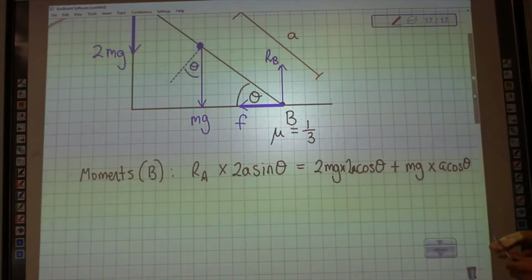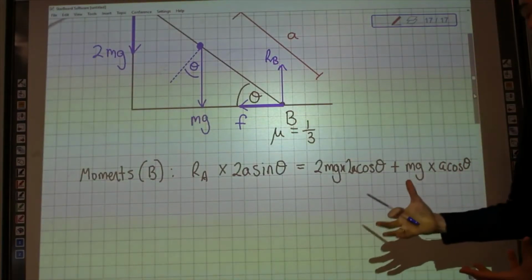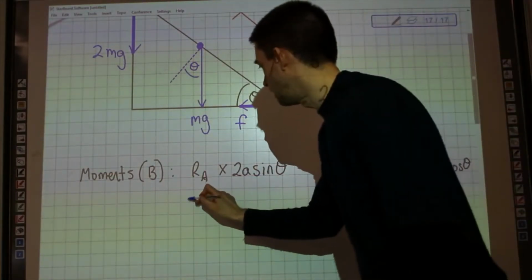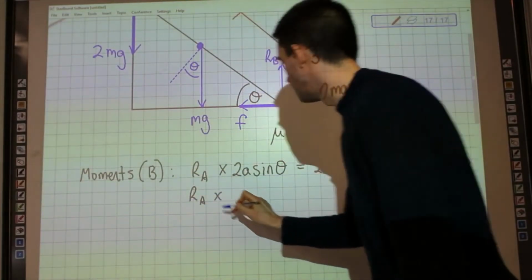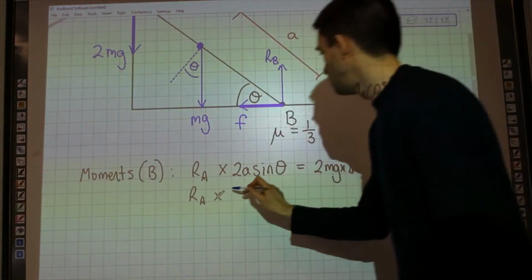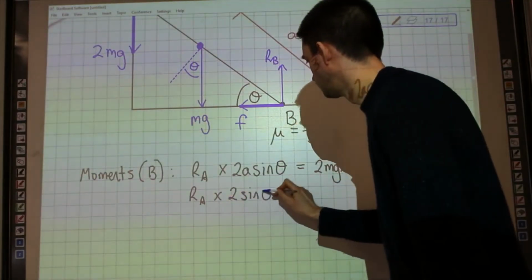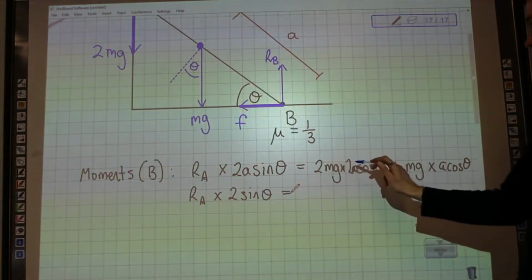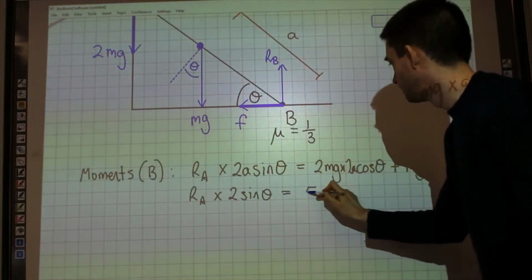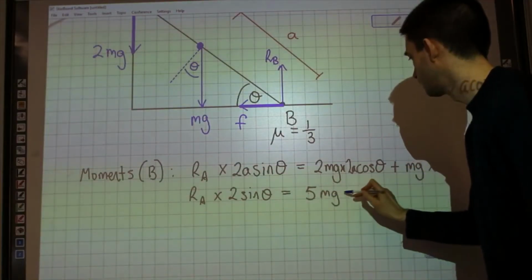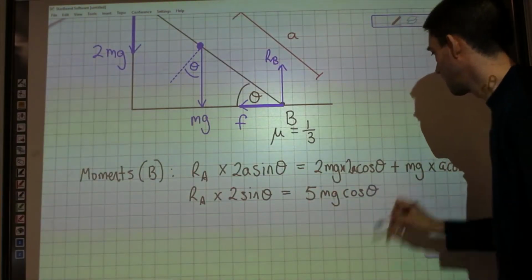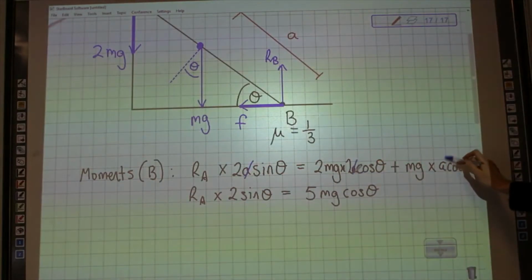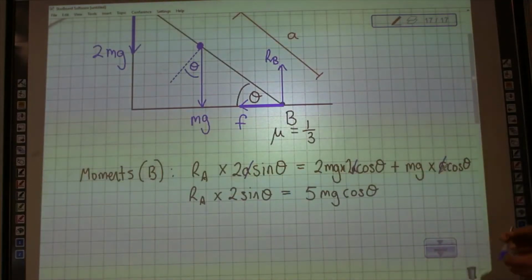Okay. And what I can see here is I've got a few too many unknowns going on. So what I'm going to do is I'm just going to say, okay, the reaction at A times 2 sine theta is equal to 4 plus 1, 5 mg cos theta, and you'll notice what I've done is cancelled out the a's because they're all the same number.